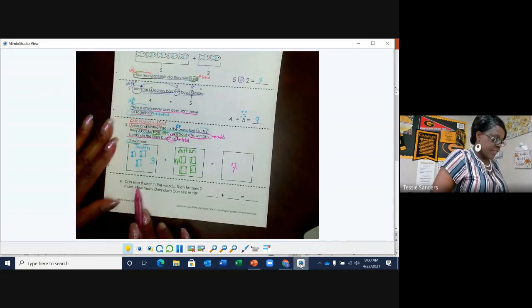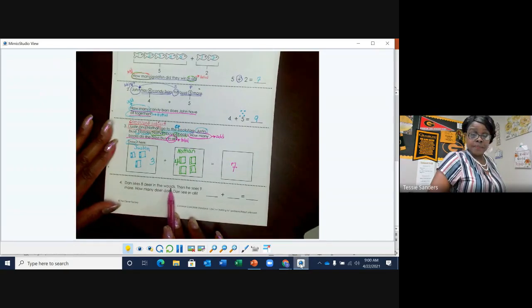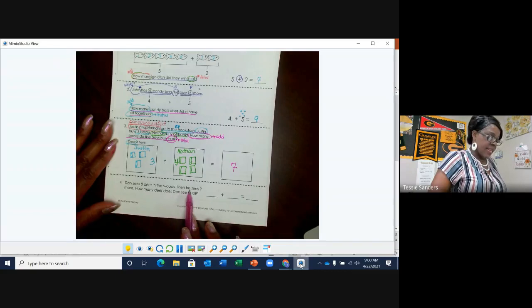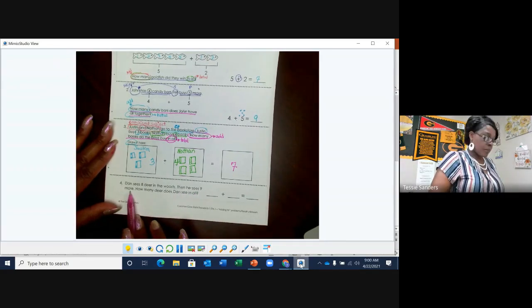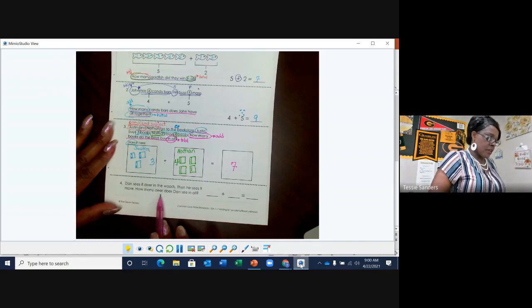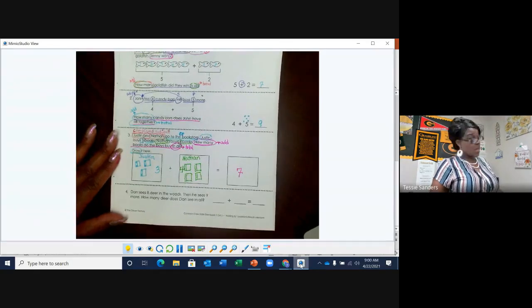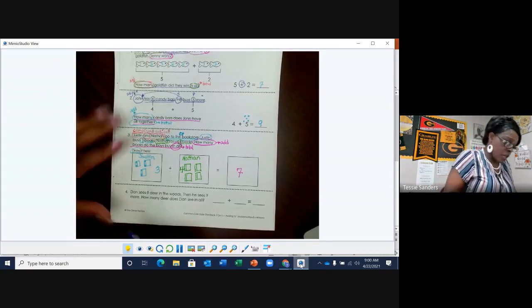Next, Dan sees 8 deer in the woods. Then he sees 9 more. How many deer does Dan see in all? Let's underline that question.